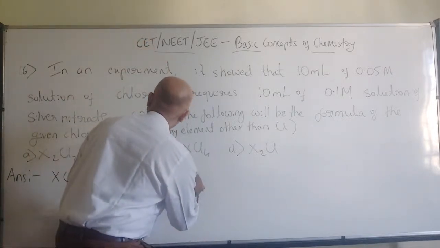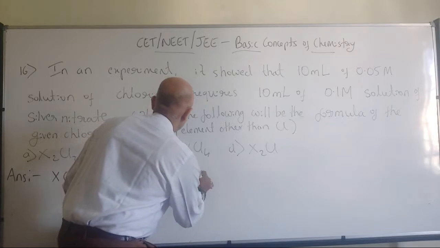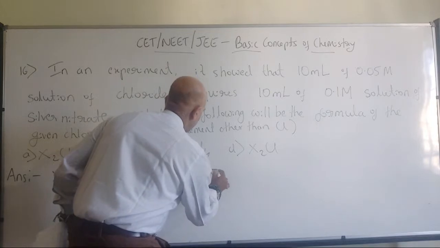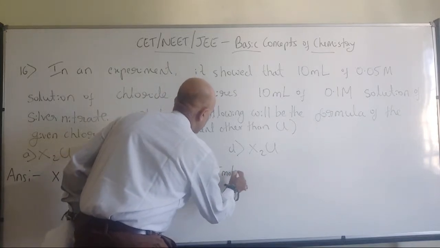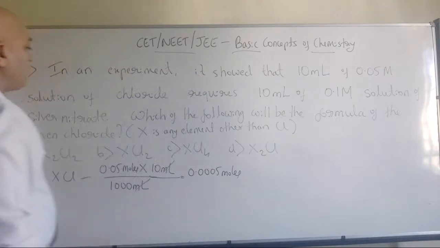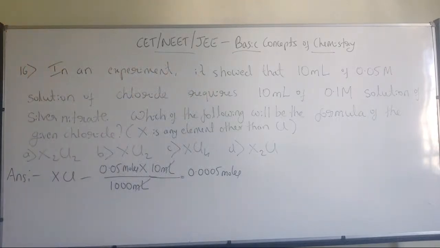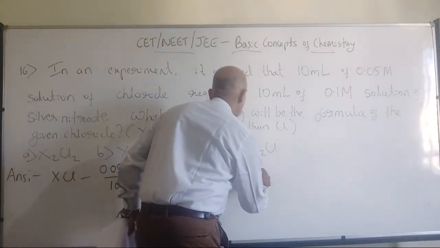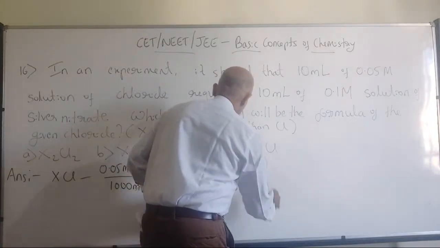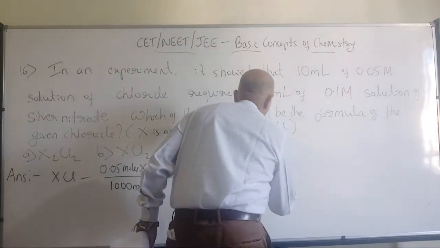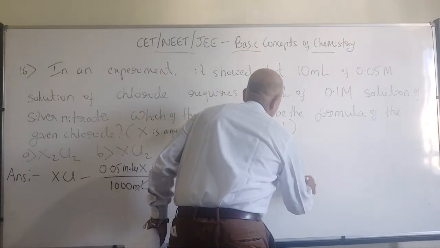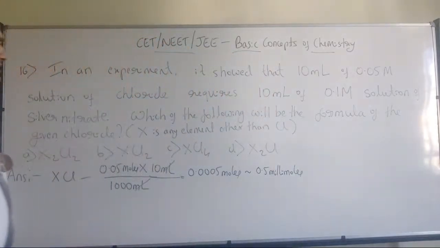That will be 0.0005 moles. Or if you are getting confused, you can convert that into millimoles, no problem, which is 0.5 millimoles. You can keep it in terms of moles or convert into millimoles.